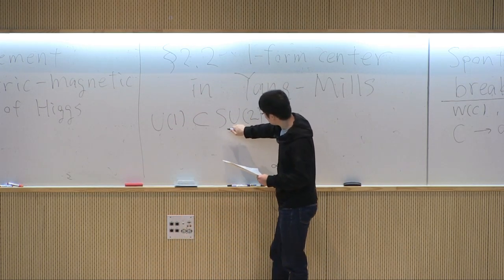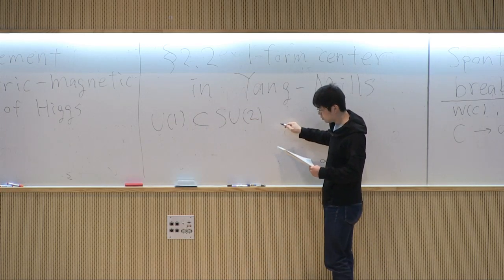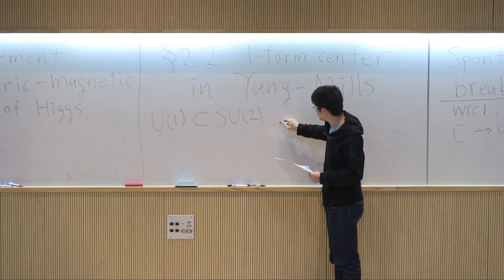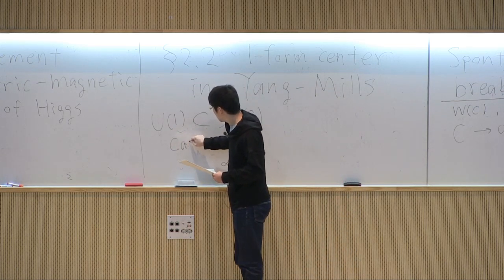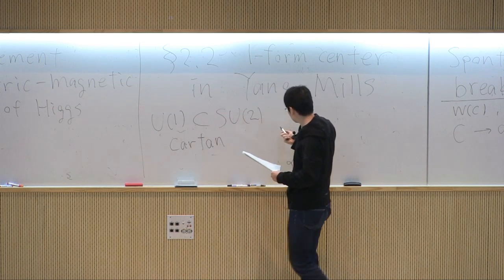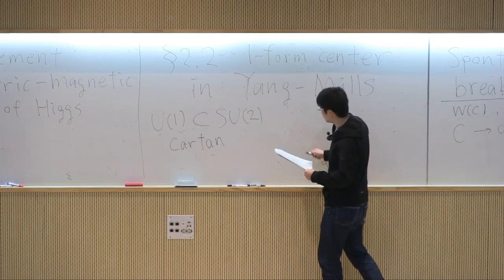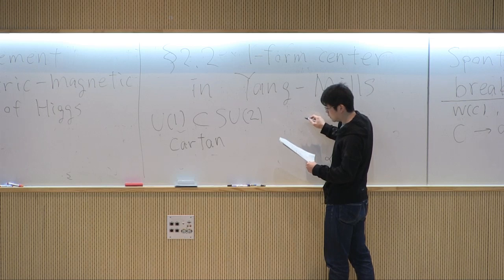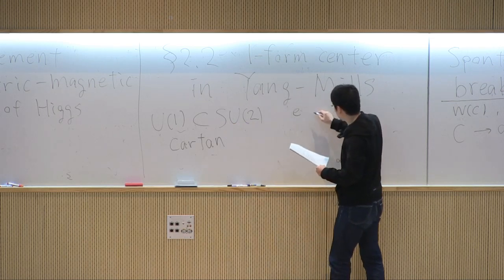This SU(2) gauge theory has a U(1) Cartan subgroup. This is the Cartan. Then we can consider the electric and magnetic charges of this Cartan U(1) subalgebra.